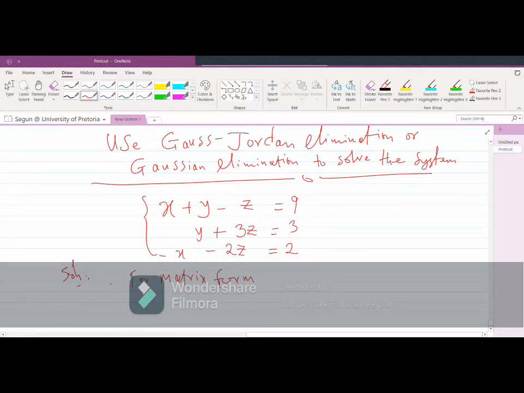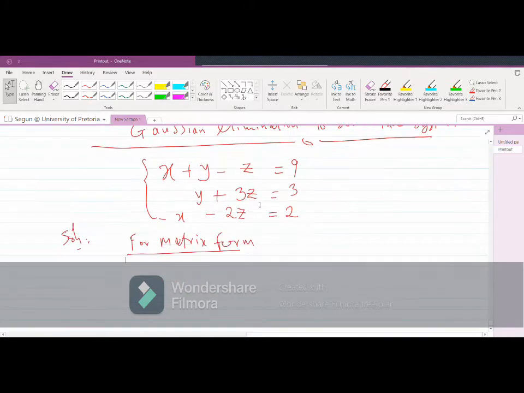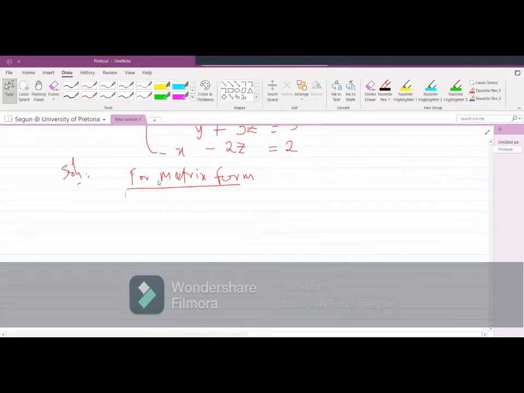I explained this to us some time ago. In this case it is going to be a 3 by 3 matrix, because our equation has x, y, z.